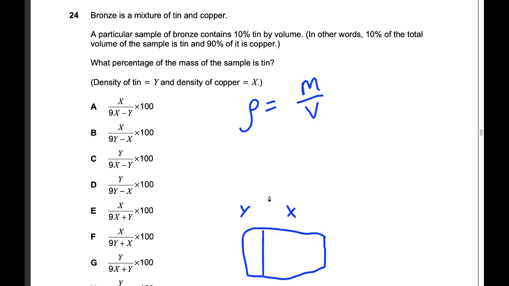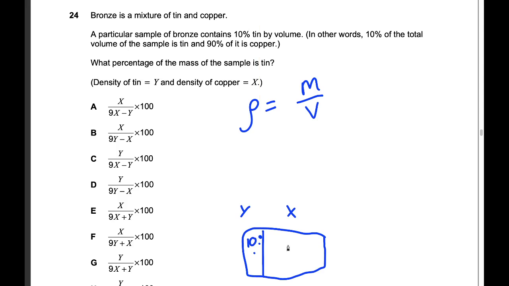And I'm just going to use x and y from now on. I don't want to talk about it in terms of Cu and Sn. That's going to be annoying. I'm not going to use periodic symbols. So 10% of the volume is tin. So this is 10% here.